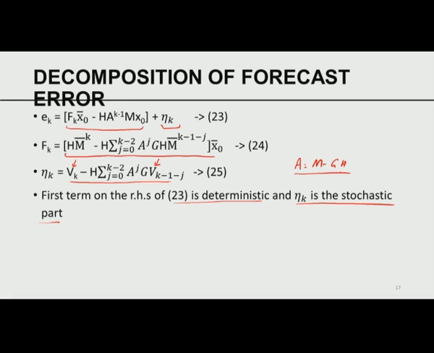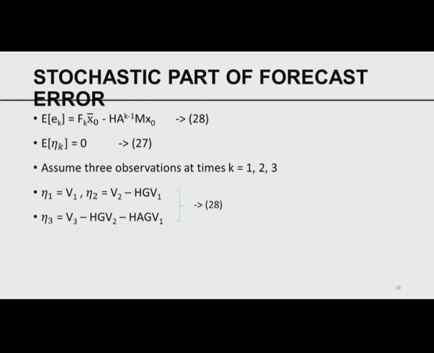So what does it mean? The random part of the forecast error depends on the model dynamics A, it depends on the forward operator H, it depends on the matrix G, which is the gain matrix to be chosen for nudging, and of course all of the errors in the observation starting from time 0 to the time k. Therefore the expected value of Ek is equal to the deterministic part. The expected value of eta k, the random part, is 0.